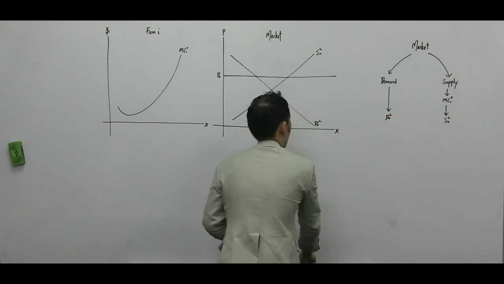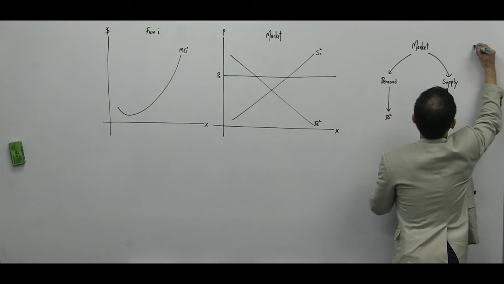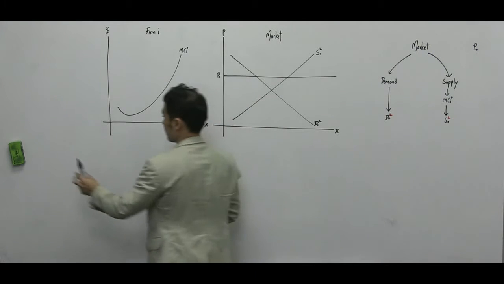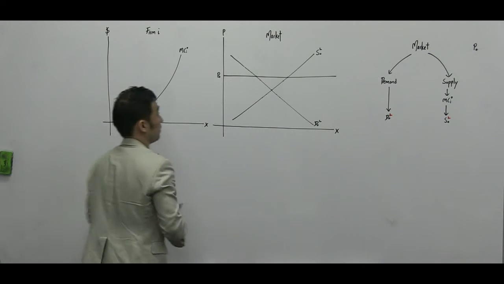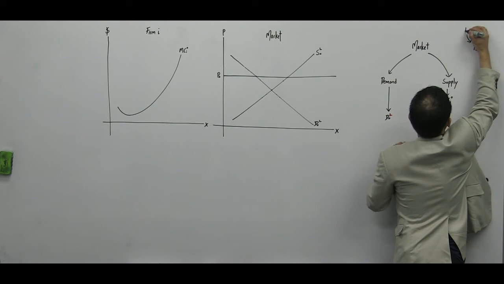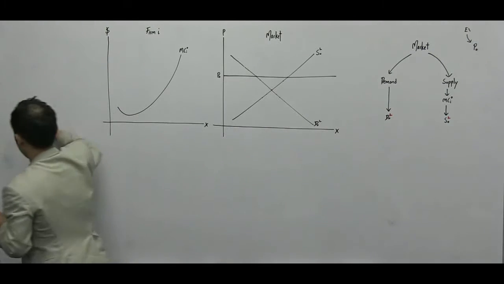So what we have, something very interesting: P0 is determined separately. And what determines your P0 is whether you are an exporting industry or an importing industry. I put it here.